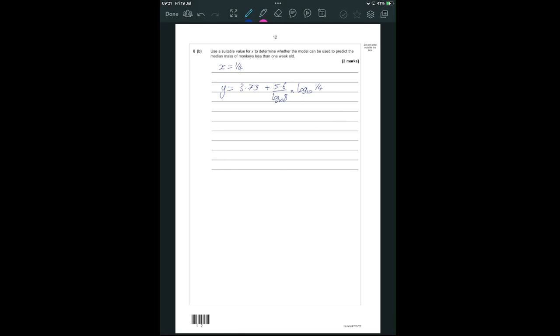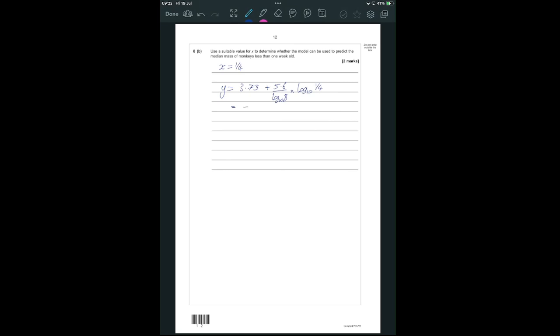And let's just type that into the calculator and see what happens. We're going to be determining whether this model is valid, so I'm half expecting something to look weird about my answer. My answer might be negative. That will certainly be complete nonsense. And indeed it is.